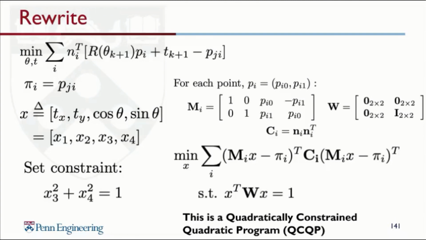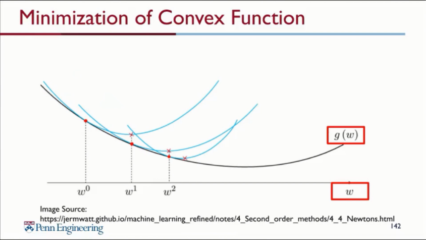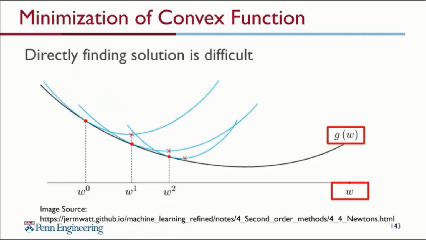Now, some of you who are familiar with convex optimization will recognize this as a quadratically constrained quadratic program. I can't go into the details of convex optimization as an entire course can be dedicated to this topic alone, but I will provide some intuition behind how this problem is solved in order to obtain an optimal solution x in the general case. Imagine that our objective function is a convex function g of w, and we are searching over the domain of w. Directly finding the solution that minimizes this objective is often very difficult.